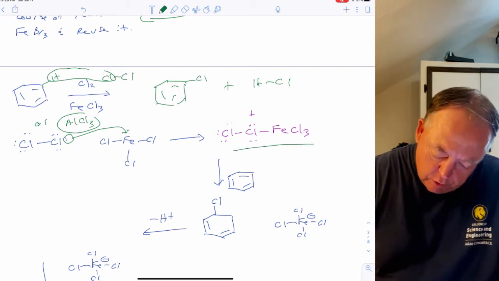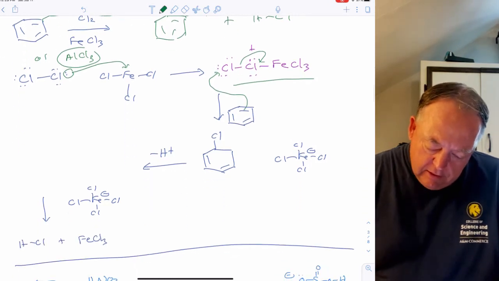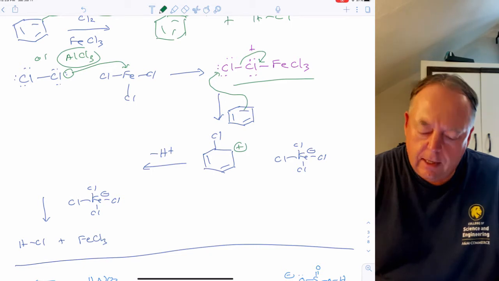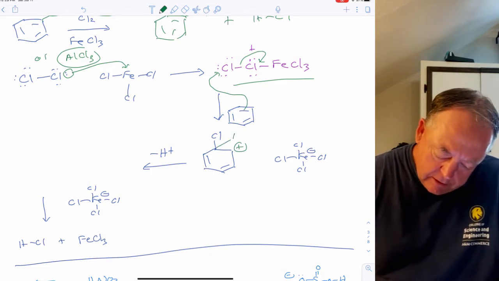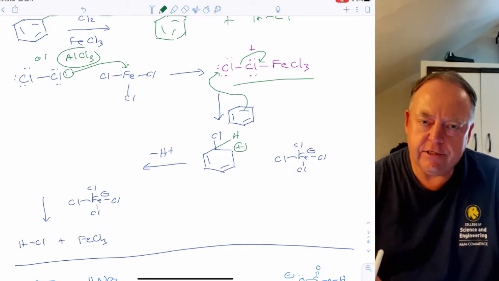So we're going to take 2 electrons in the benzene, make a bond to chlorine, and then FeCl4 minus comes off. Now this carbon would be electron deficient because it doesn't have 4 bonds anymore. The last step in the mechanism is that the hydrogen where the substitution occurs is the hydrogen that comes off.